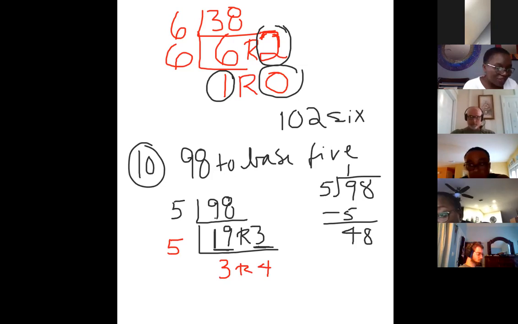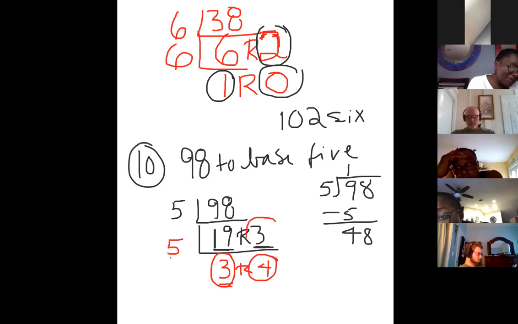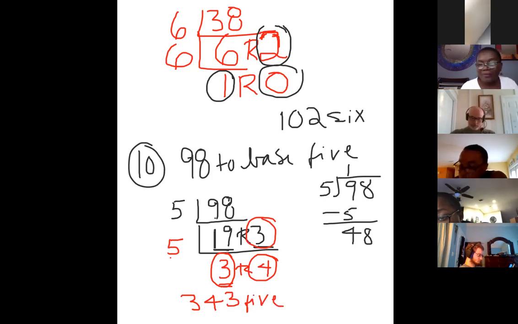Okay, since 3 is less than 5, we're done. So the answer for this one is going to be 3, 4, 3. Notice this is all about the remainders, guys. 3, 4, 3 in base 5. That's the answer.